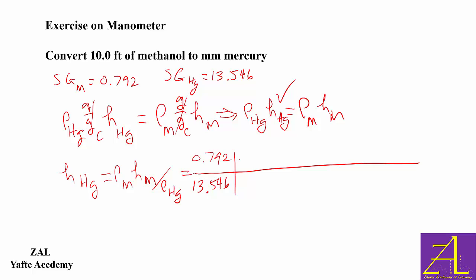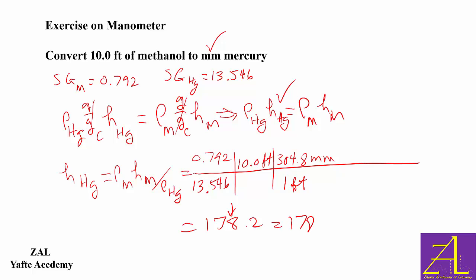And then I have 10 foot of methanol, but I want the height of mercury in millimeter, so I need to do a conversion of foot to millimeter, and as a result I will have 178.2 with significant digit. Last one is this one, rounded off, 178 millimeter of mercury.